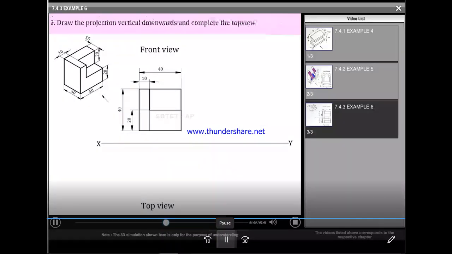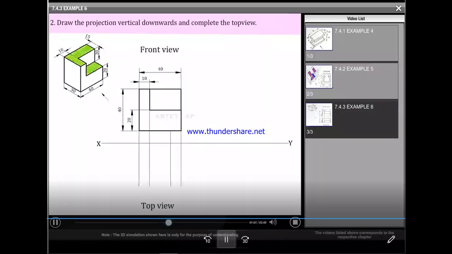Now draw the projectors vertically downward and complete the top view.